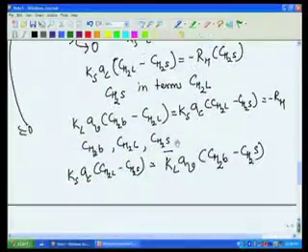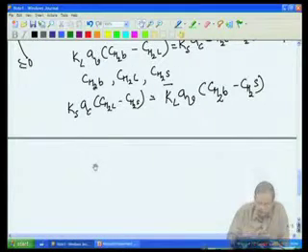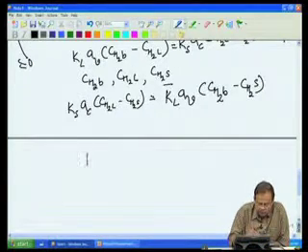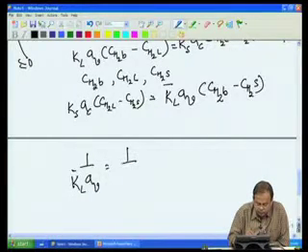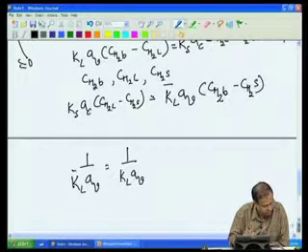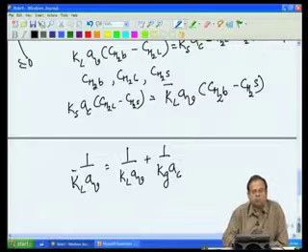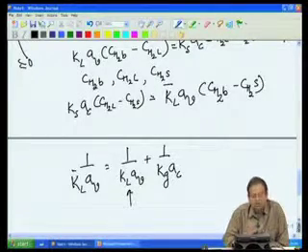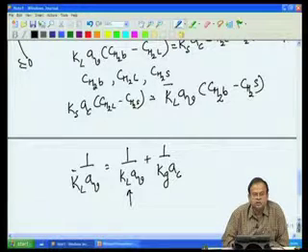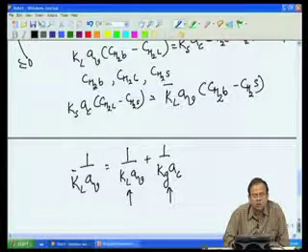Therefore, it is not surprising that we get our overall mass transfer coefficient as a representation of resistance in terms of the gas-liquid interface and the resistance across the liquid-solid interface.